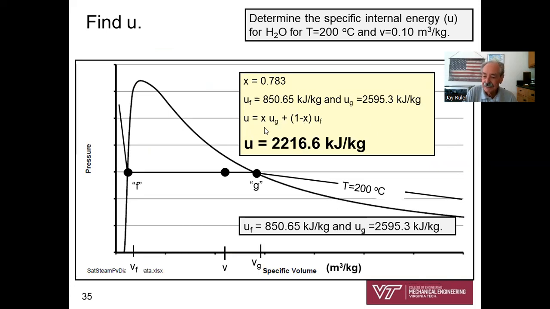So it's easy for me to remember that the internal energy U is that proportion times U sub G, the saturated vapor part, plus the proportion that's left over, 1 minus X, okay? Like if this were 80, let's say this were 80 instead of 78%, it would be 80%, okay? Plus whatever's left, it's kind of like around 20% times U sub F.